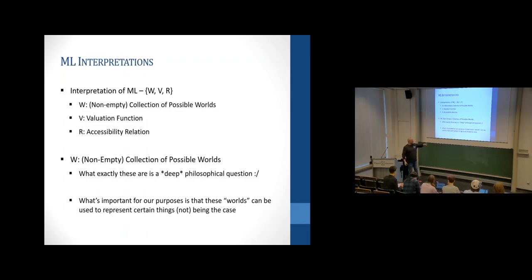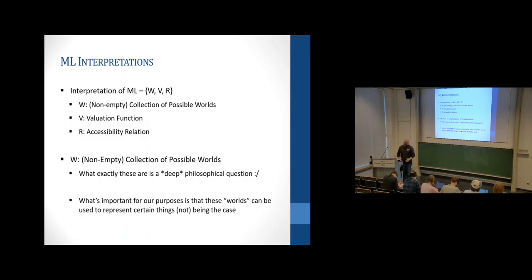We can think about them as sort of boxes on a slideshow. All they need to be is something that can be used to represent certain things being true or not true. So really, they could be individuals, they could be locations, they could be anything you want. But for our purposes, we can just think about them as collections of sentences.